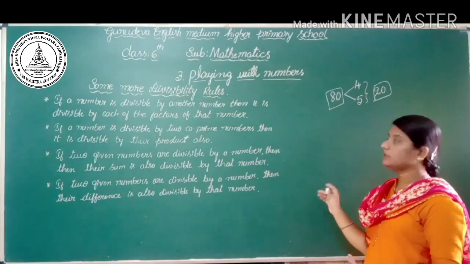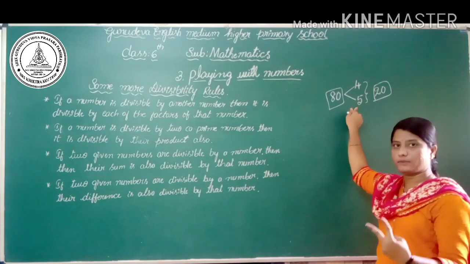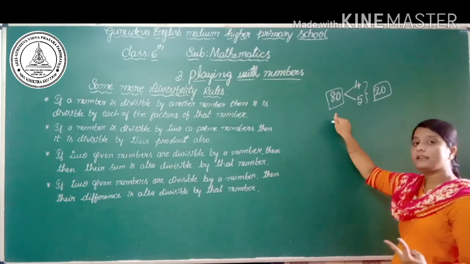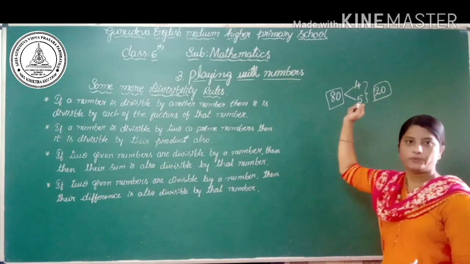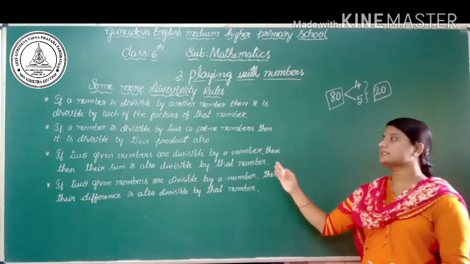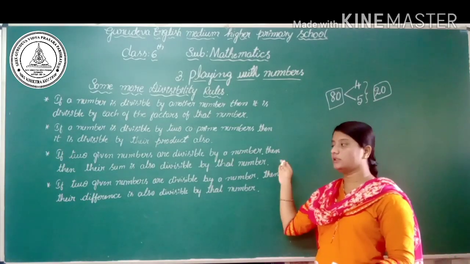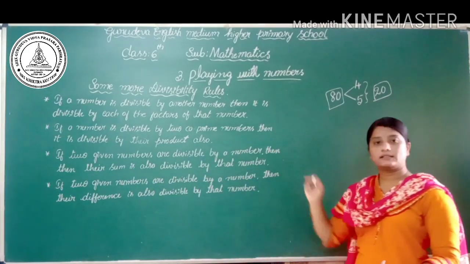It says that if a number is divisible by two co-prime numbers, then the number is also divisible by their product. Okay. Yes. The third rule is if two given numbers are divisible by a number, then their sum is also divisible by that number.